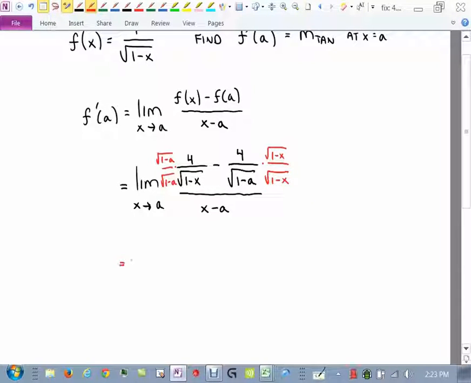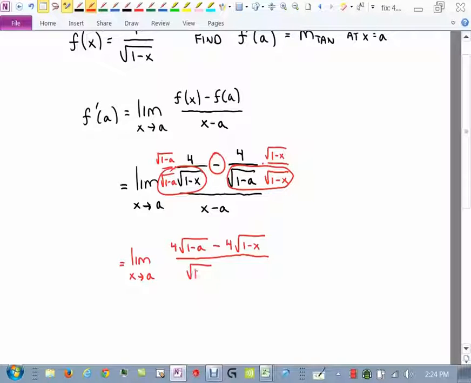The numerator of the first top left fraction should now be 4 root 1 minus a. And then I will subtract from it the other one, which will be 4 root 1 minus x, all over the common denominator. These two are common now. So root 1 minus a times root 1 minus x. Then all of that divided by x minus a.